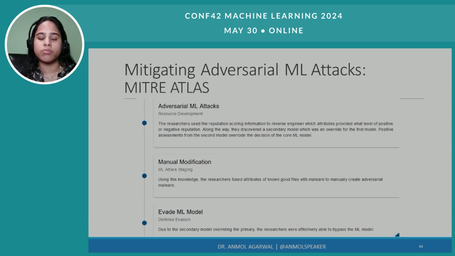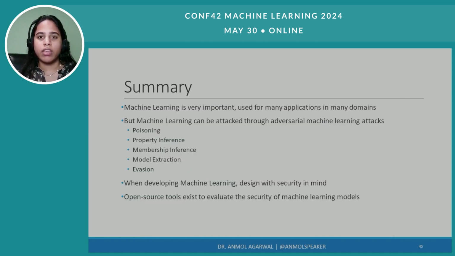Because of the steps they did before, they were able to evade the machine learning model and bypass it. So that was MITRE Atlas, the final open source industry solution we were looking at.